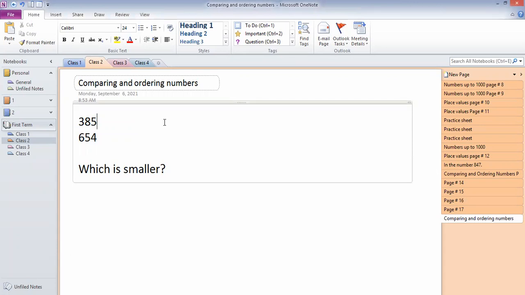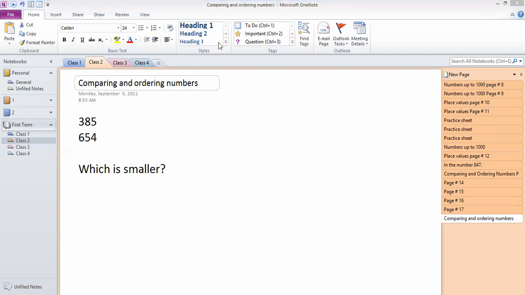Why is 385 smaller? I told you, whenever you are comparing 3-digit numbers, you will compare the hundreds first. Here 300 and 600. So now check the numbers. Is 3 smaller or 6 smaller? Only tell me this.